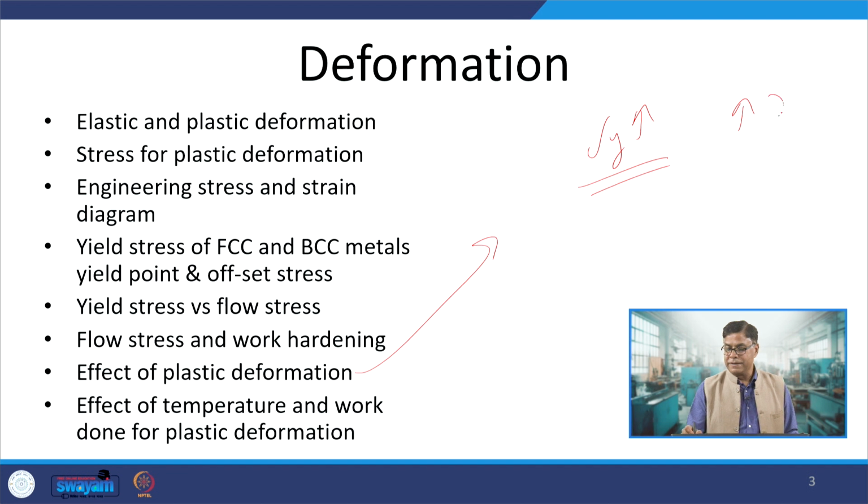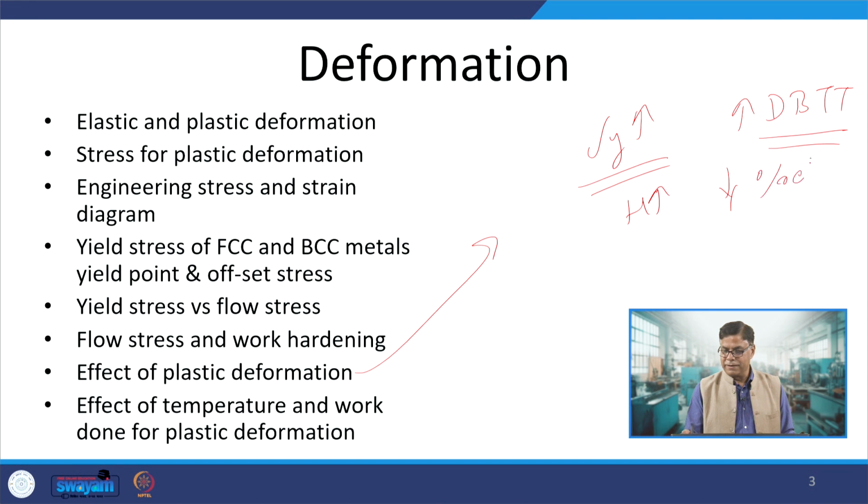Then the ductile to brittle transition temperature, the temperature at which the material loses its toughness, increases with plastic deformation. Then the material's hardness is increased, and there is a decrease in the percentage elongation, meaning the material gets hardened and its ability to get elongated is decreased.